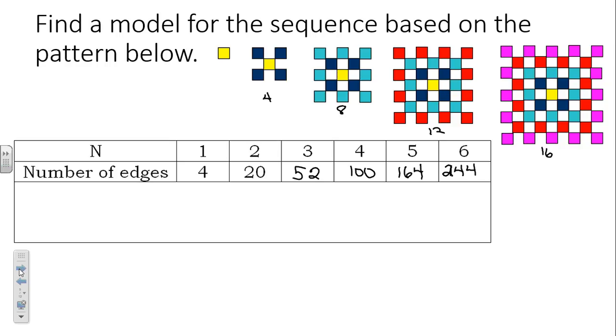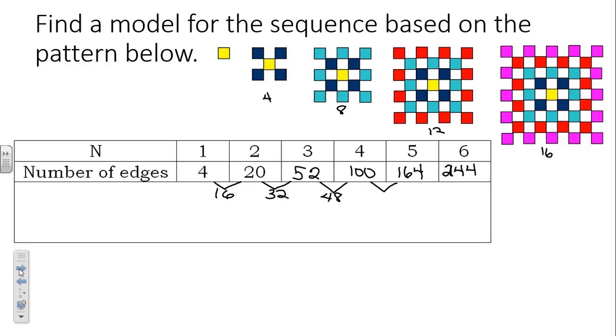Now, is this arithmetic or geometric? It's arithmetic. We have a common difference of the same. So not arithmetic, right? It's quadratic. Good. Because it's not geometric either, is it? 20 divided by 4 is 5, but 52 divided by 20 is not 5.